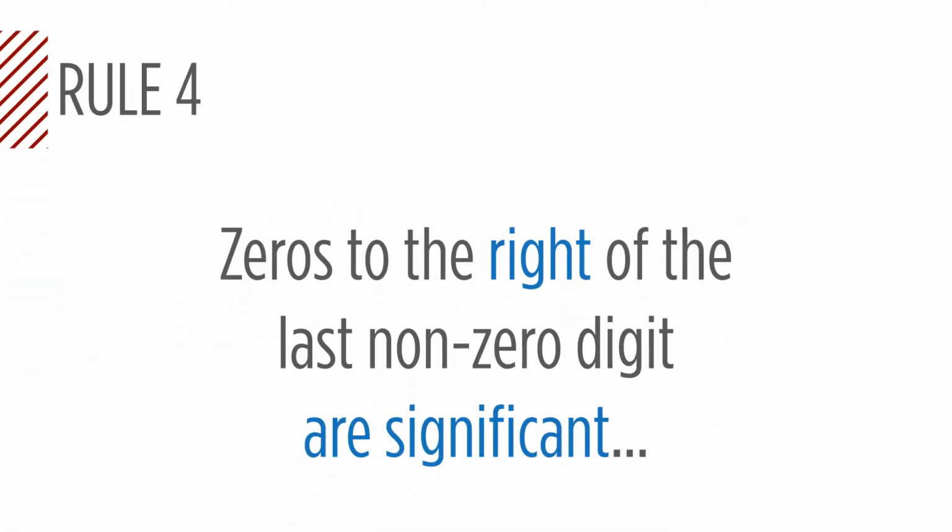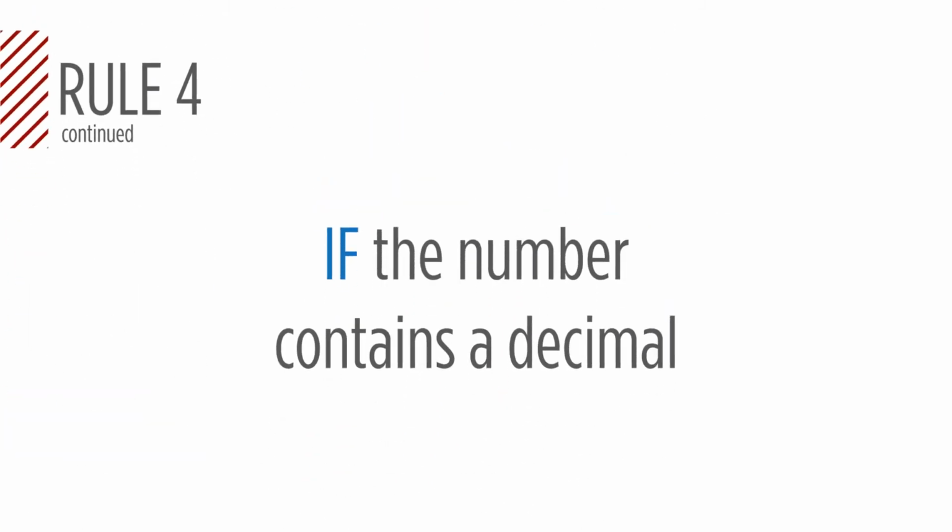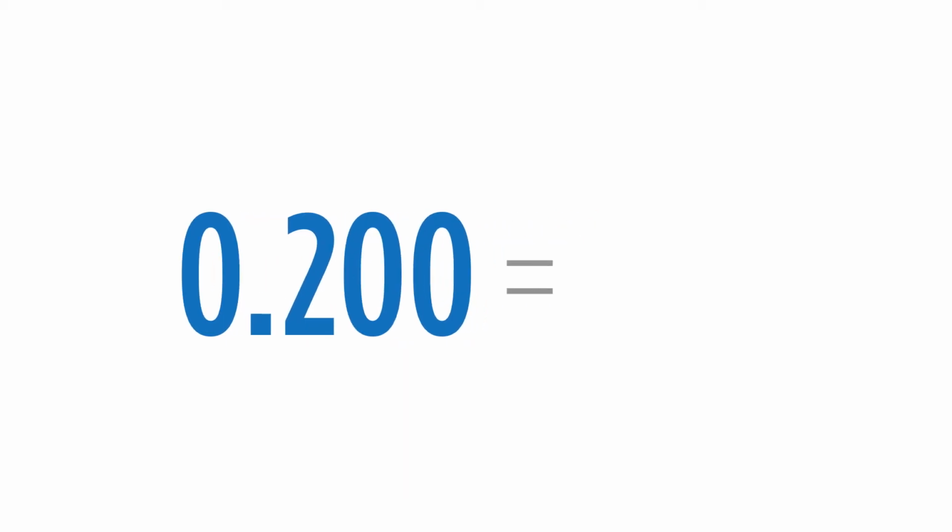Rule 4, zeros to the right of the last non-zero digit are significant if the number contains a decimal. If we look at 0.200, the number contains a decimal, so therefore the 2 zeros to the right are going to be significant, and this number will have 3 significant figures.